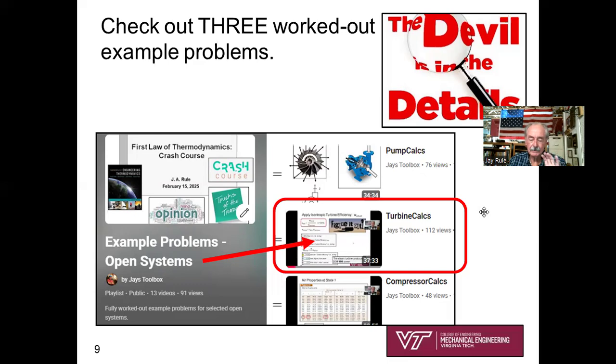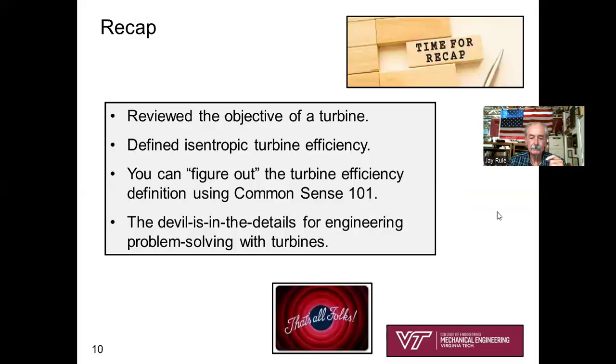But I don't want to just stop there. I want to give you some other notes in this video on how to prepare yourself to do turbine efficiency calculations, because you can count on being given this in this chapter and also in future chapters for steam power plants and for gas turbine engine calculations. So very important.